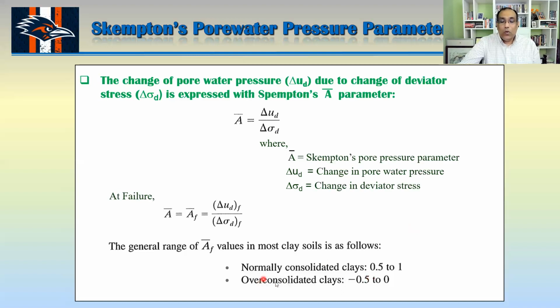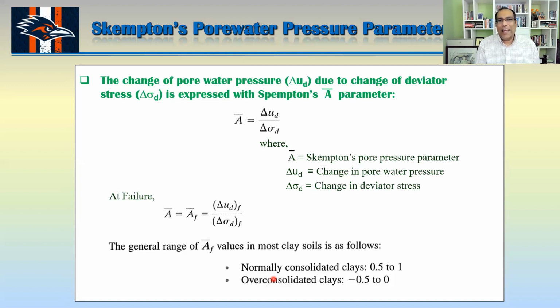Now, you also understand that during consolidation, the volume will always decrease. There is no chance that it will increase, okay? On the other hand, during shearing, for loose sand and normally consolidated clay, the volume decreases.